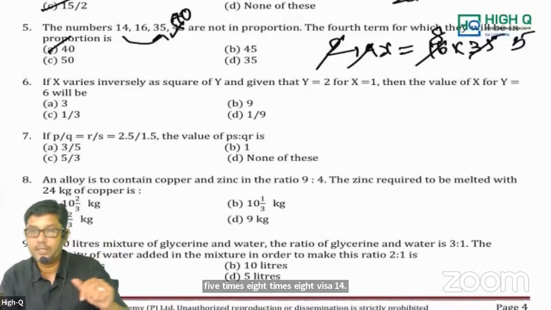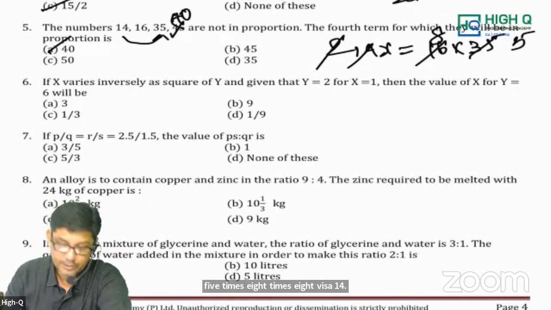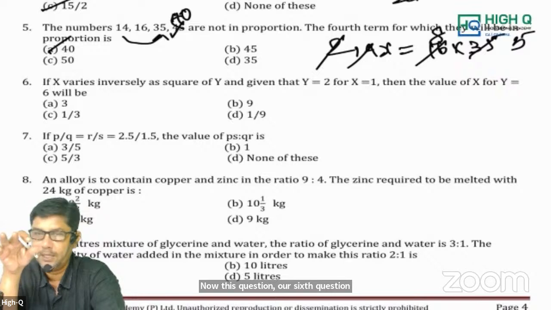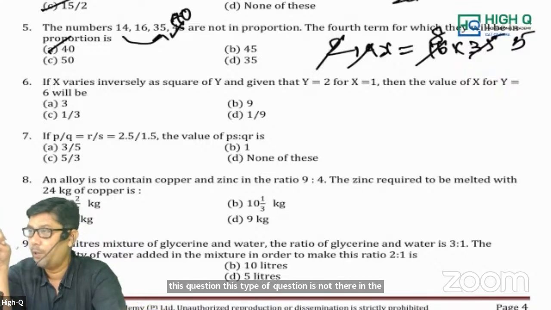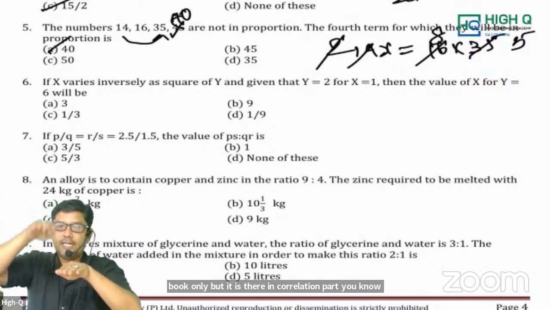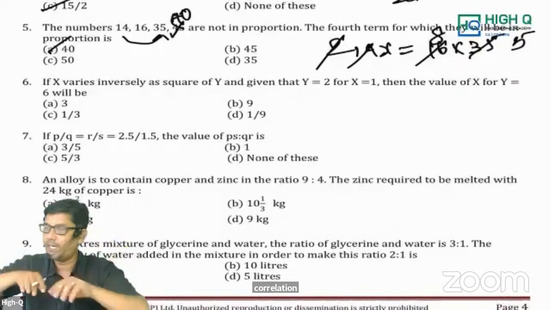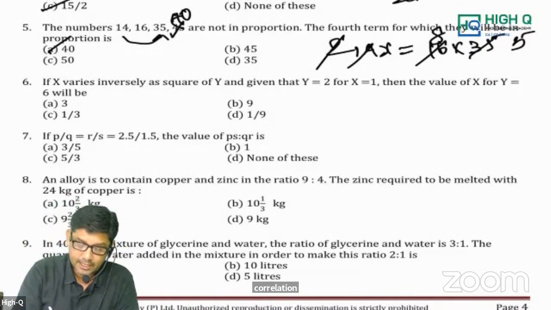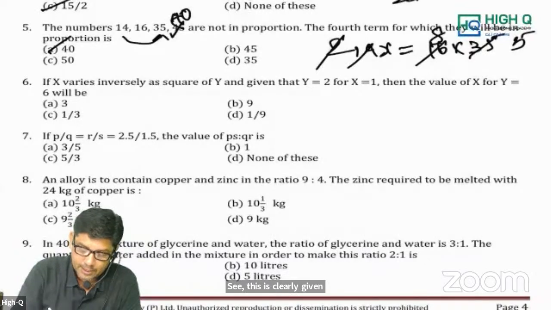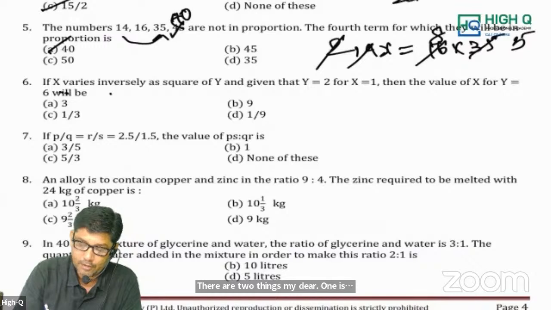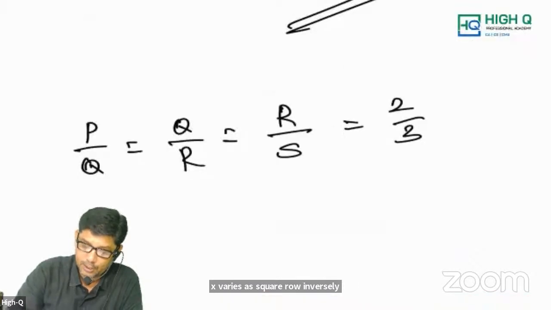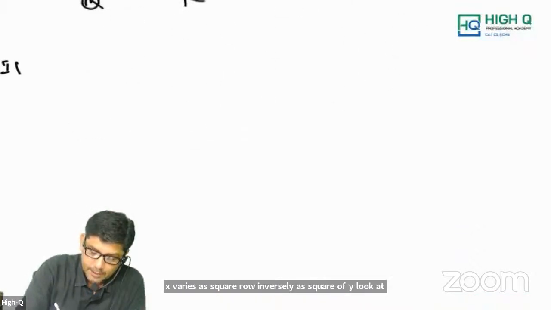Now this sixth question, this type of question is not there in the book, but it is there in the correlation part. You know correlation, direct relation and inverse relation, indirect relation. There are two things, my dear. One is x varies as square root, inversely as square of y.